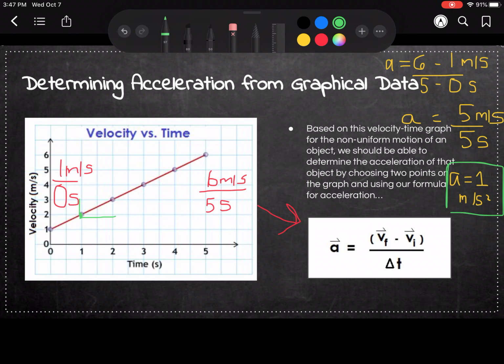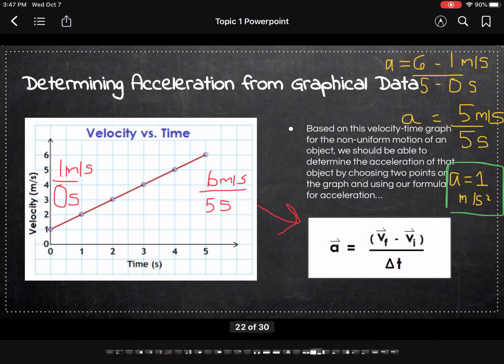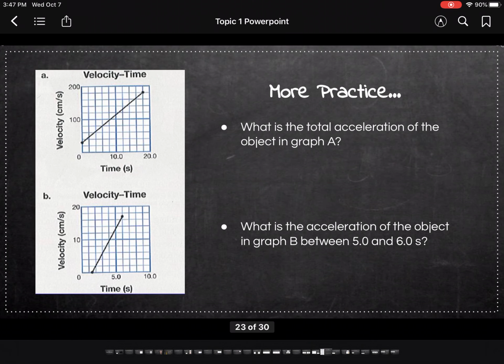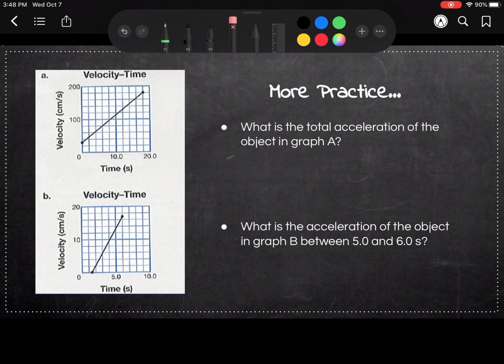It looks like it is 2 squares on this graph, but if you notice, between 2 squares on here is only 1 second. So if it only went over 1 square, it would be half a second. So it is just going up by 1 and over by 1, so it's just sort of your rise over your run when you're looking at these graphs. And you might remember that from grade 10 math, doing rise over run in linear equations.